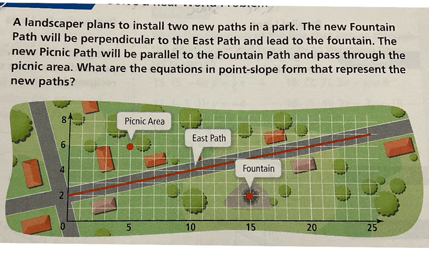Okay, so what is it that I know as I'm making 2 new roads? Let's focus on one road at a time. Let's start with the fountain path. The fountain path is going to be perpendicular to the east path, and it's going to go through the fountain.